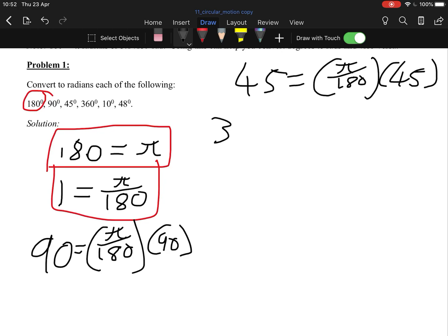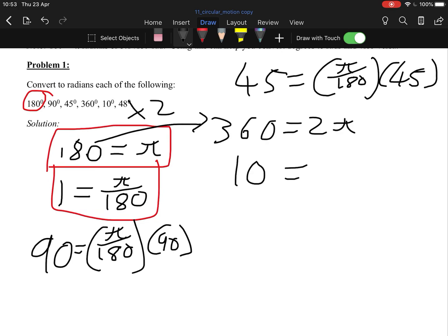If you don't know, just looking at it, can you make a guess before I do it? 2 pi. Why? Well, 360 is twice 180. What would 10 be? 10 would be pi over 180 times 10, and so forth.